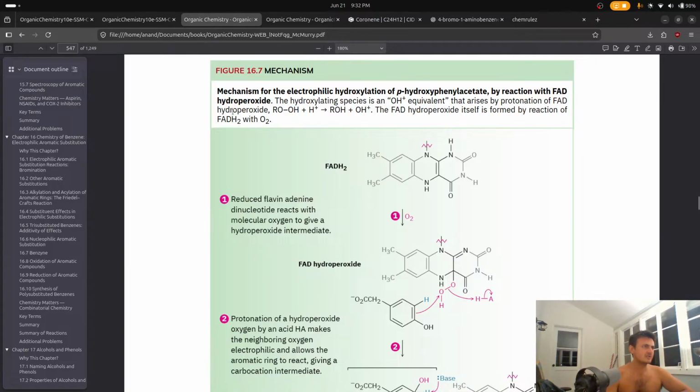Mechanism for the electrophilic hydroxylation. Okay. Reduced flavin adenine dinucleotide reacts with molecular oxygen to a hydroperoxide intermediate.